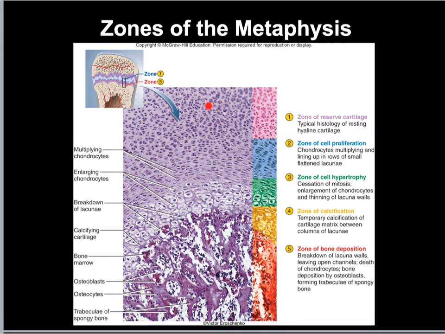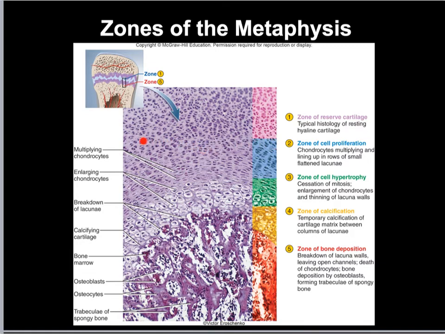This is not actively growing, but it is going to be what is attaching your bottom growing zone of the metaphysis to your top growing zone of the metaphysis. So this up here is the zone of reserve cartilage.